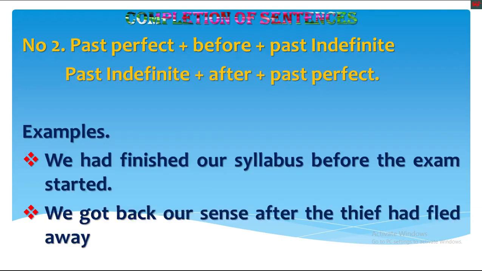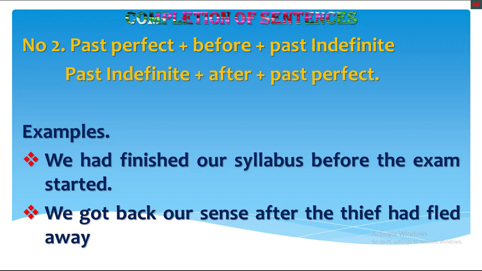Now, look at the rule number 2. Past perfect plus before plus past indefinite. Past indefinite plus after plus past perfect. Example, we had finished our syllabus before the exam started. Number 2, we got back our sense after the thief had fled away.